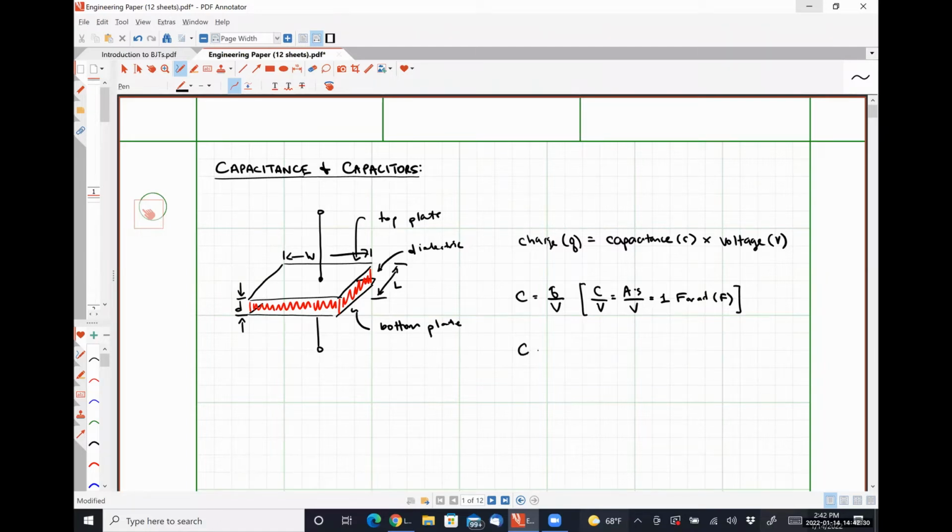So for a parallel plate capacitor, like the one I've drawn, C is equal to epsilon, which is the permittivity of the dielectric material, times W, the width of the plate, times L, the length of the plate, divided by D, the distance between the plates. The closer we can get those two plates together, the more capacitance we observe. The larger the plates are, the more capacitance we observe, okay?